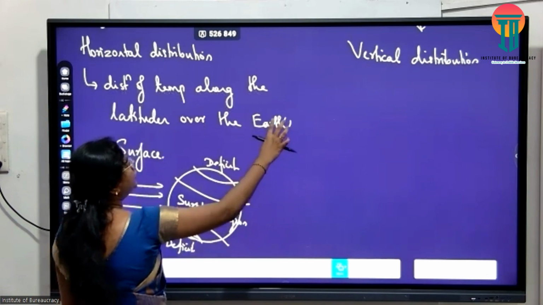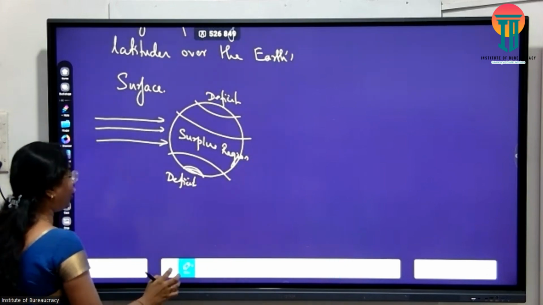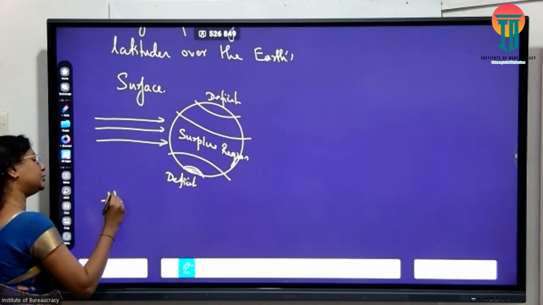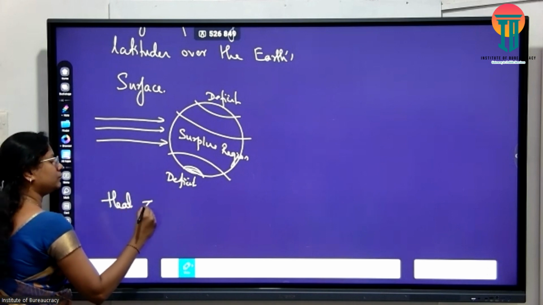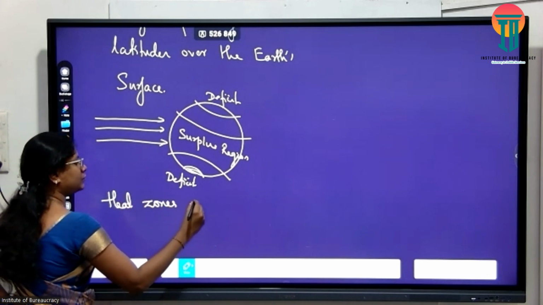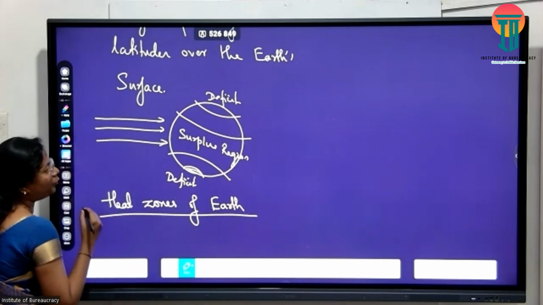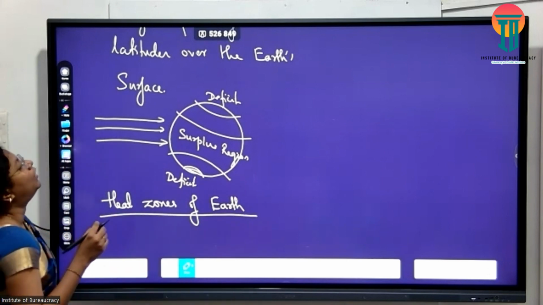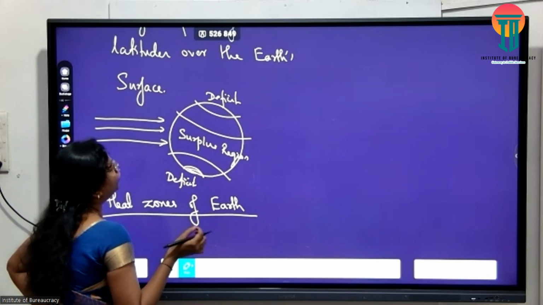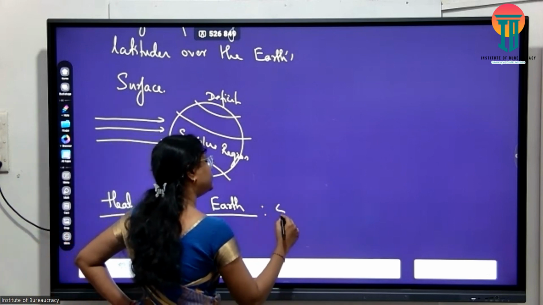Okay. So, horizontal distribution would give rise to the concept of heat zones of Earth. So, in total, how many heat zones? We have 1, 2, 3, 4, 5. 5 heat zones.